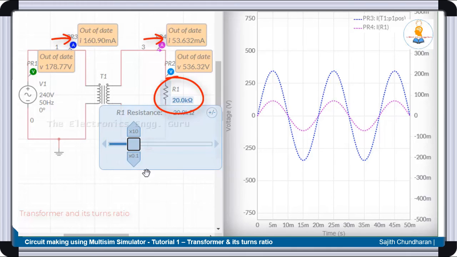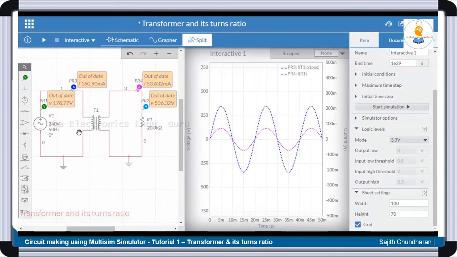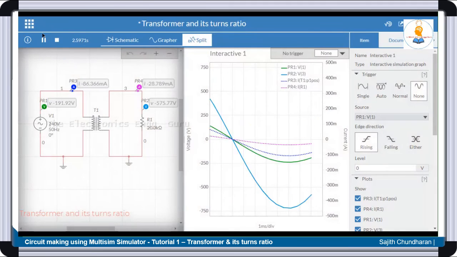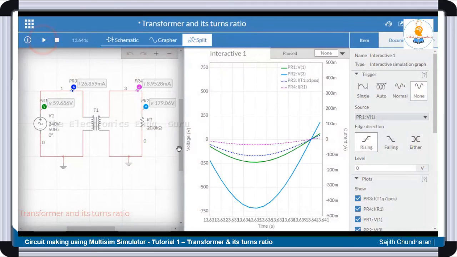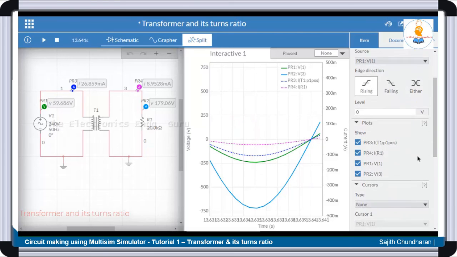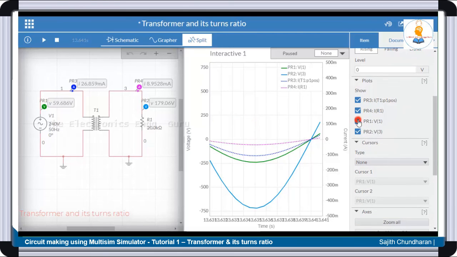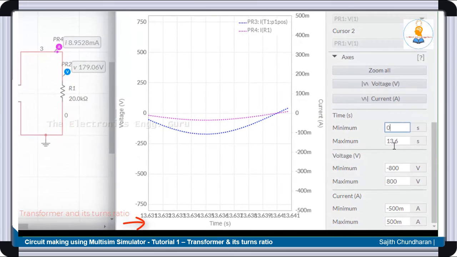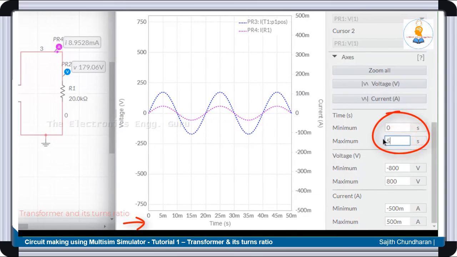You can see that now it has become 20 kilo ohm, and now I need to restart it again. Once I click on the run button, it starts simulating. I will pause the signal and click on this waveform, and let me select only the current presently, and I will modify the time as 0 to 50 milli as before.